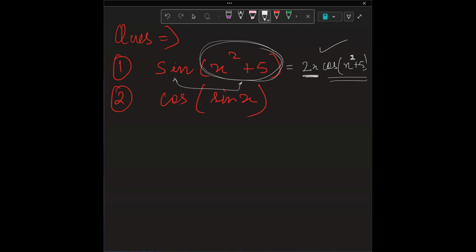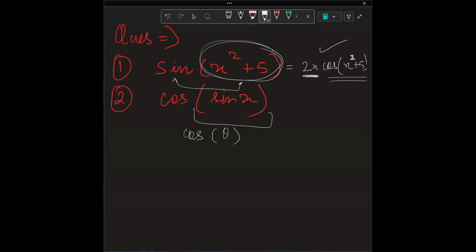सबका ये है. Yes, sir. And for the second one, you have cos sin x. So what is the differentiation of cos x? देखो ऐसा इस क्वेश्चन में क्या करना है ना, आपको इसको थीटा की तरह एज्यूम करना है. दिस इज थीटा and you know what is the differentiation of cos theta, that is minus sin theta, है ना.